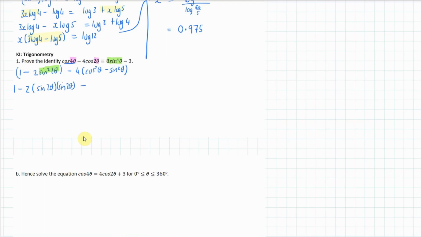Minus, and then I can just say, well, this is like 4 cosine squared theta minus 4 sine squared theta. Okay. Now, remembering your double angle rule for this one, you know that sine 2 theta is equal to just 2 sine theta cosine theta.